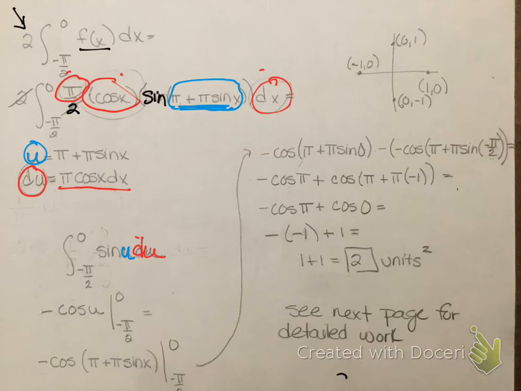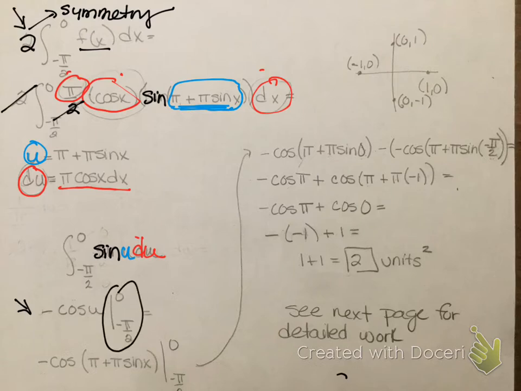Oh, this 2 and that 1/2 divided out. So all I'm left with is a sine. Remember, this 2 was from symmetry. So finding the antiderivative, I would get negative cosine of u from, here's my boundaries. Plug back in for u.